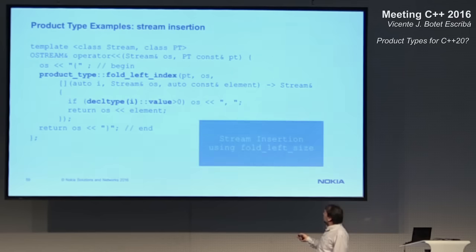Here we are passing an index that is an integral constant, and then we can get the value of this integral constant, and if it is different from the 0 element, we will add a comma. Then we see that with this kind of abstractions, we are able to write shorter functions using the algorithms that are available for these types.